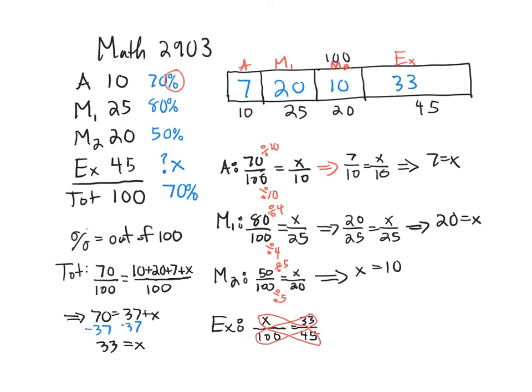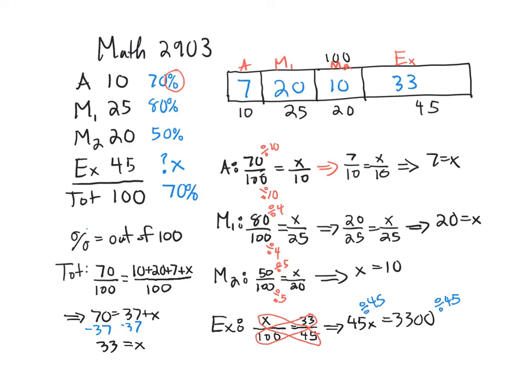So 45 times x is 45x, and 33 times 100 is 3,300. Let's divide both sides by 45. Unfortunately for us, it's not going to go evenly, but that's okay.